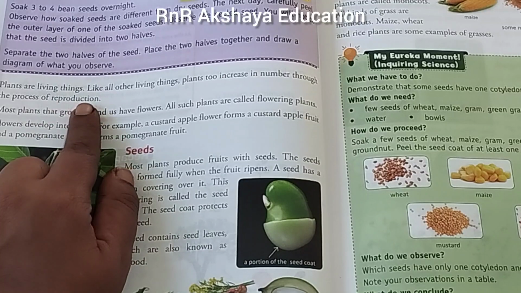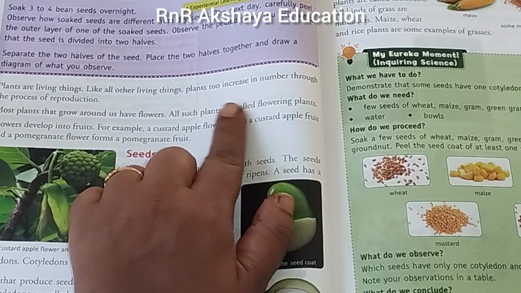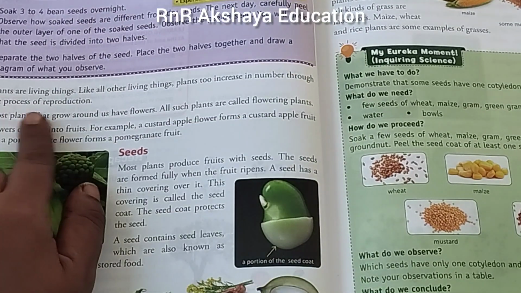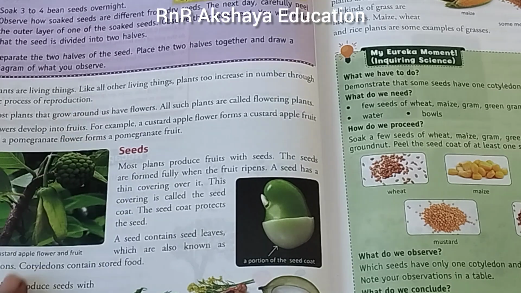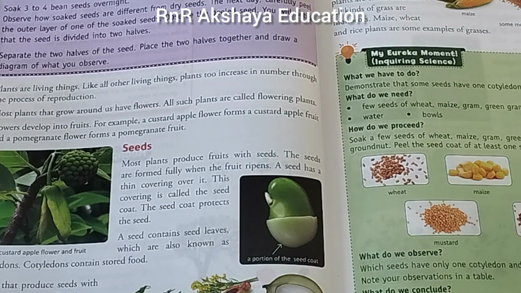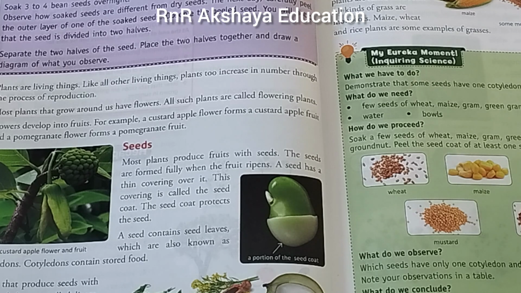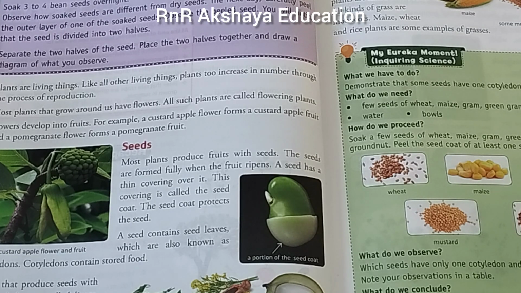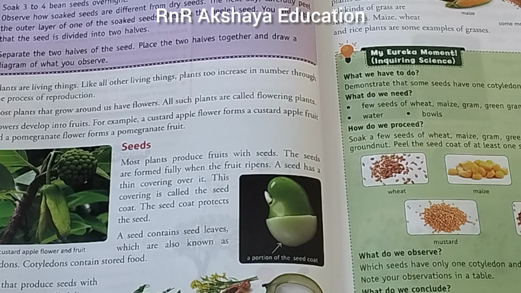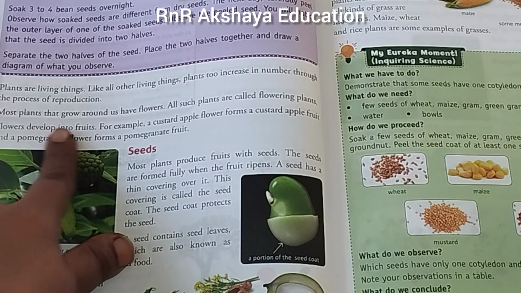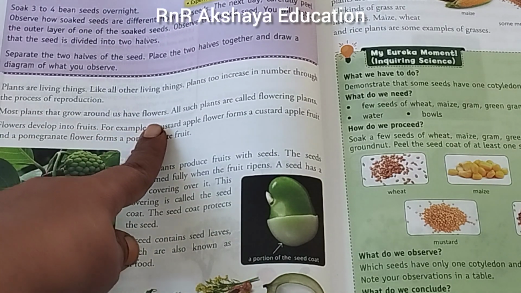Plants are living things. Like all other living things, plants increase in number through the process of reproduction. Most plants that grow around us have flowers.